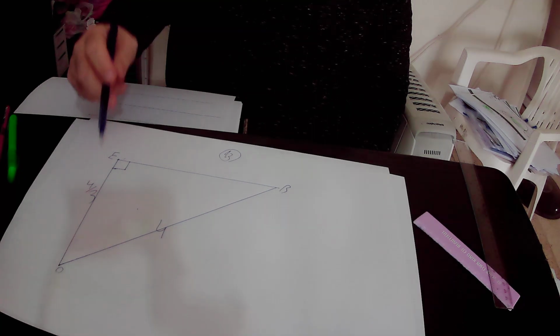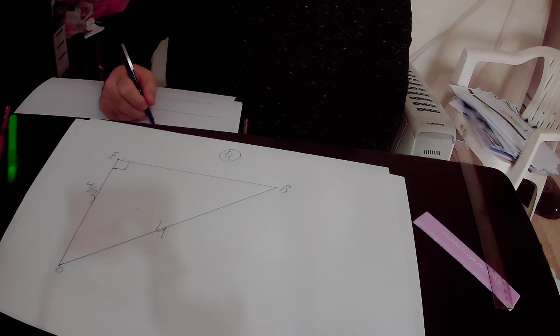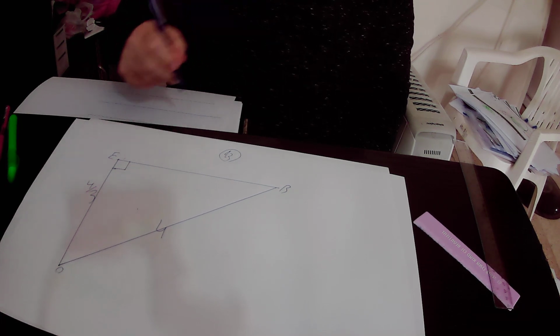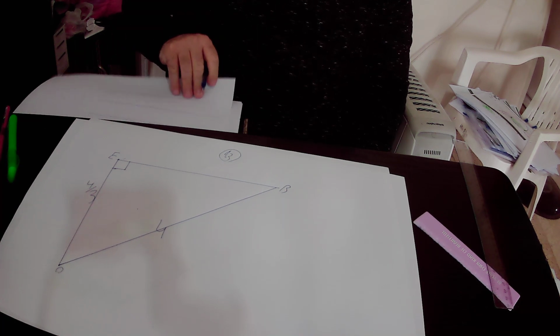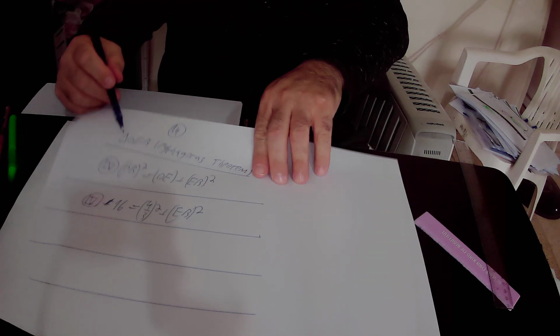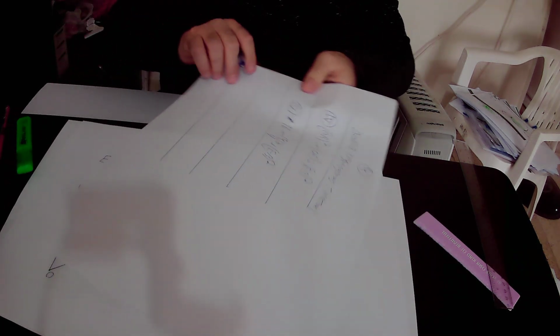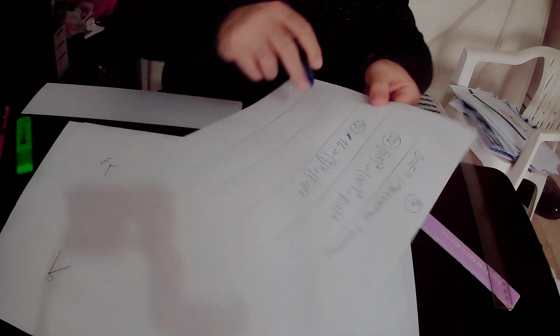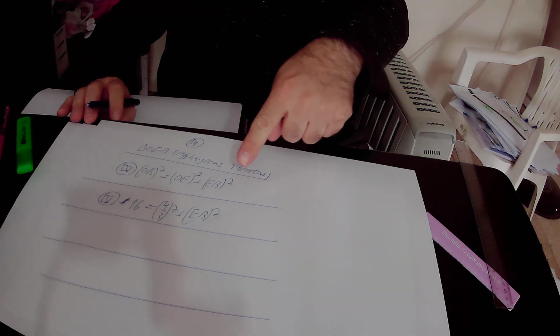OE equals 4 over 3, so OE squared will be equal to (4 over 3) squared.